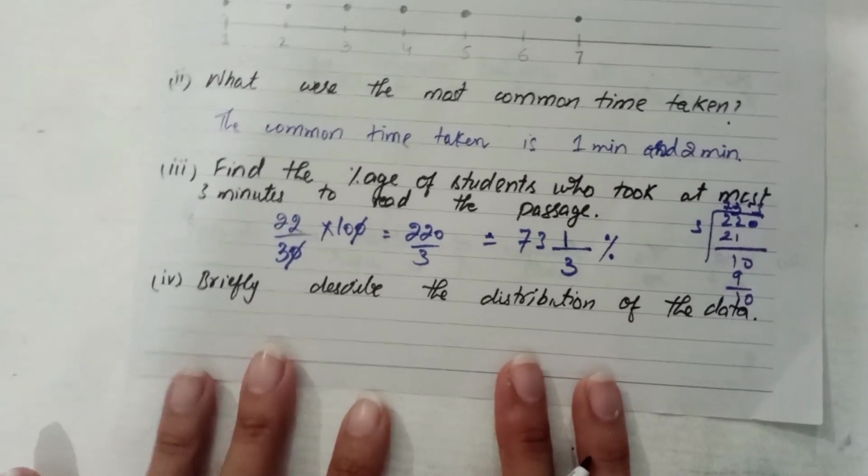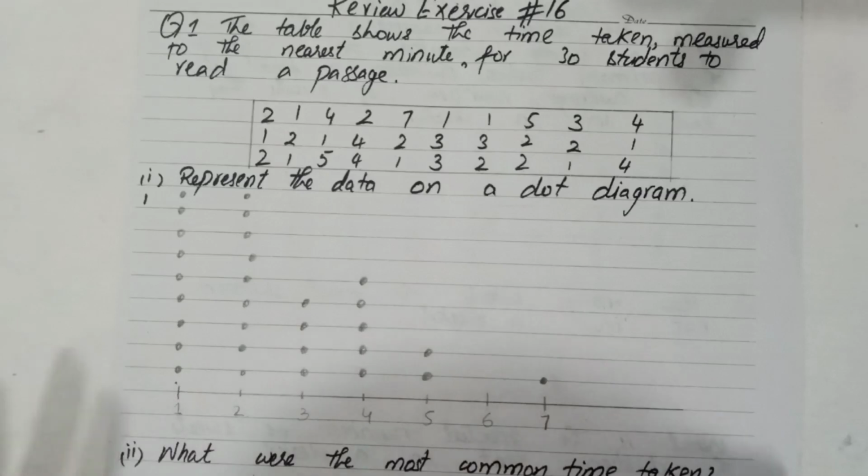Now in part number 4, briefly describe the distribution of the data. Students, from observing this data we can see that there is a cluster at minute 1 and minute 2, and the time is given from 1 to 7.